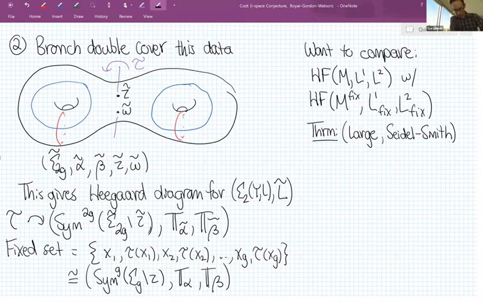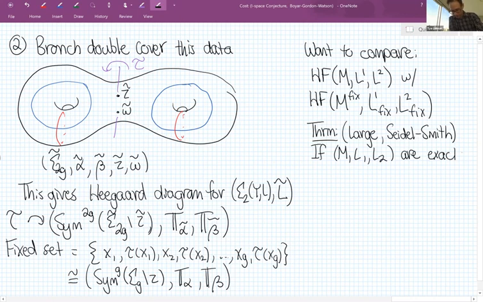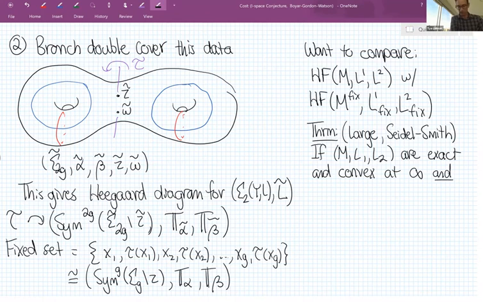I'll put it this way. Say M, L1, L2 are exact and convex at infinity. That's the first thing. And I'm going to add an extra condition, a technical hypothesis which the punctured symmetric product satisfies.